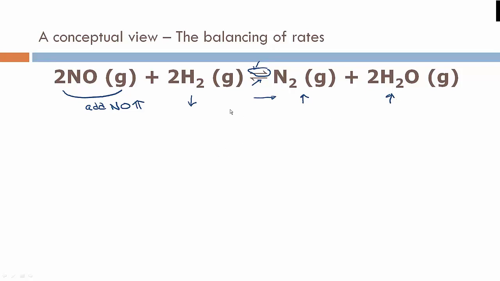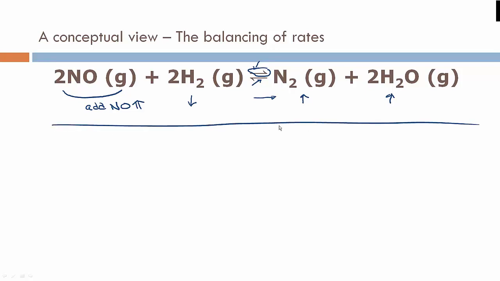Okay, so let's think about another instance. Let me draw a line here so we can draw another case. Let's say I increased the amount of H2O gas in the system. So that's what I'm going to do like this. What's going to happen to the reaction? Well, the forward reaction isn't going to get any faster. So what ends up happening is the reverse reaction ends up getting faster like this.